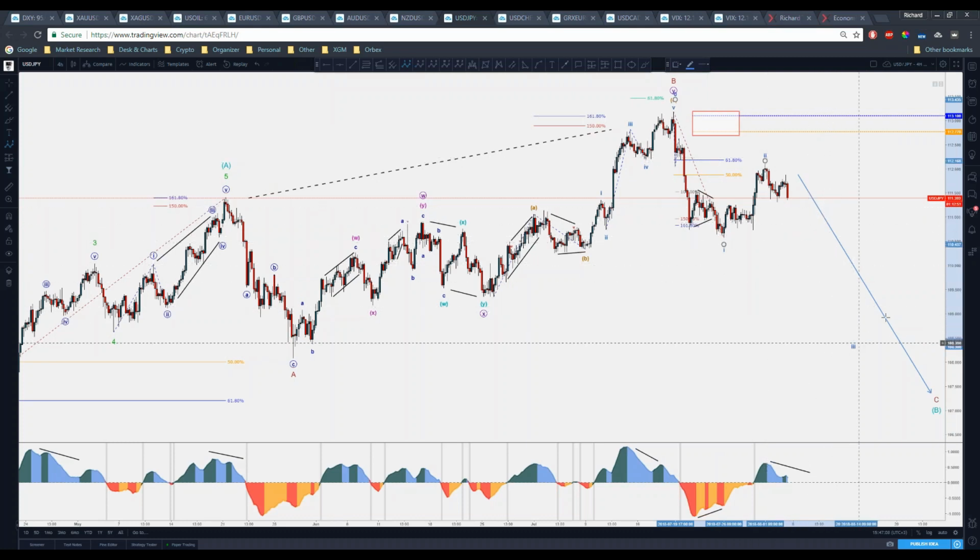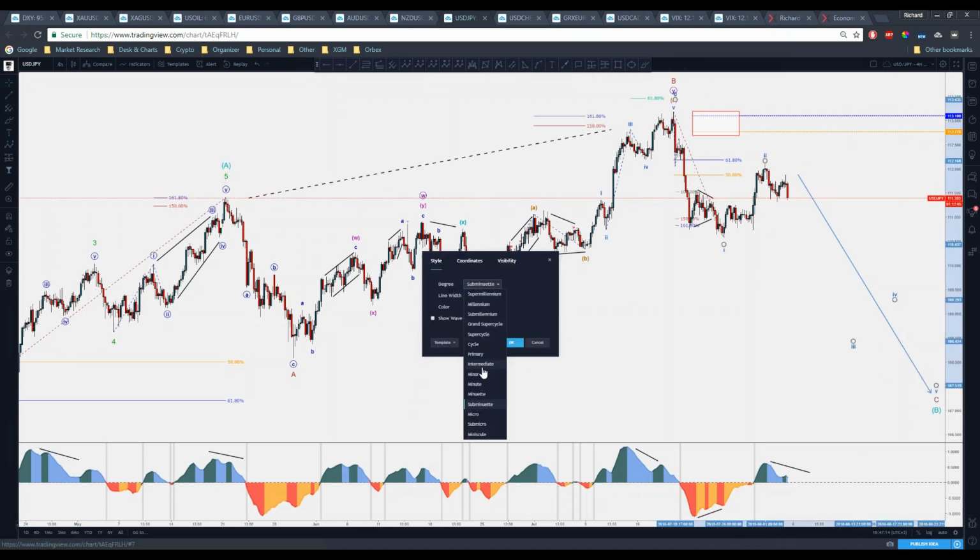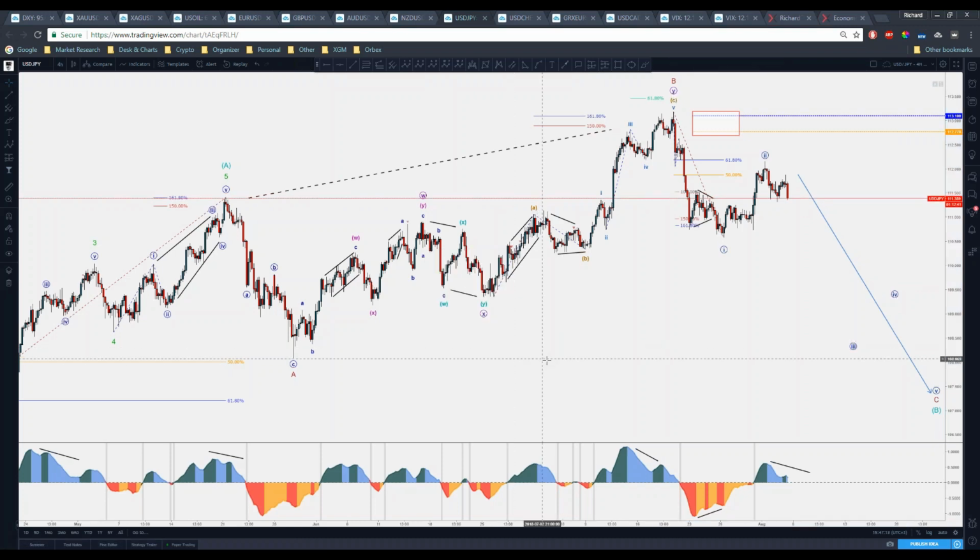So I'm seeing possibly a wave C coming, a wave 3. Let's say this would be minute degree. We will see. The only invalidation for this wave count would be something above the recent high point, which is exactly the 61.8 of this one.